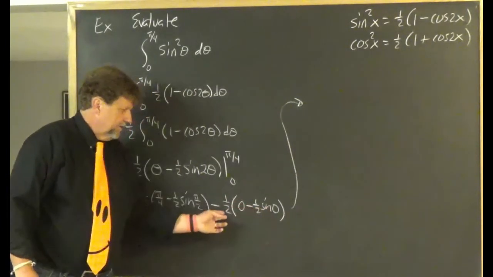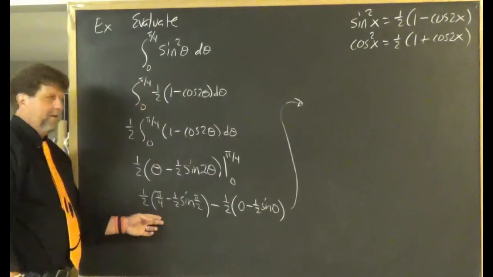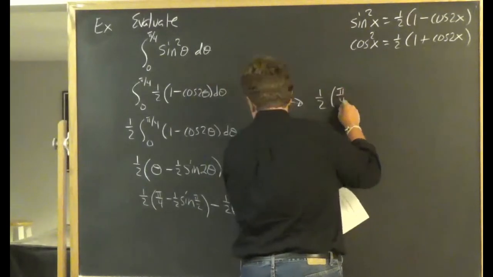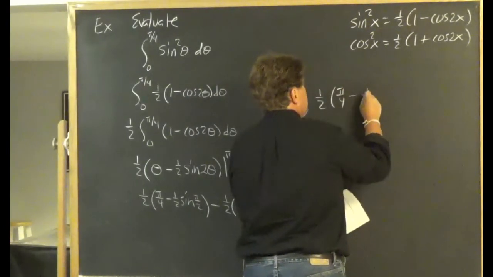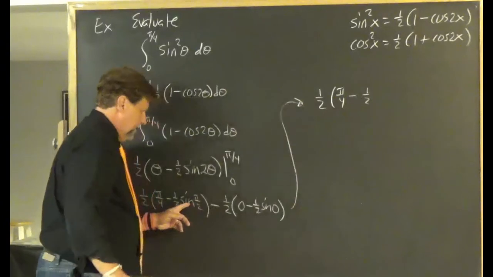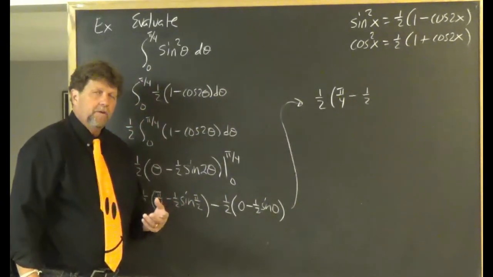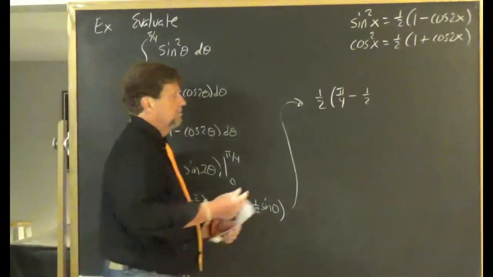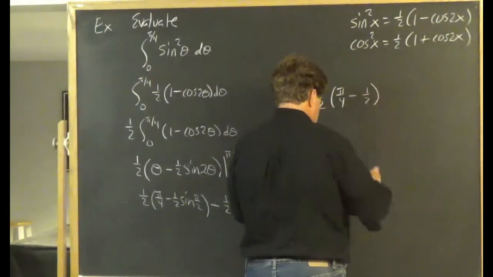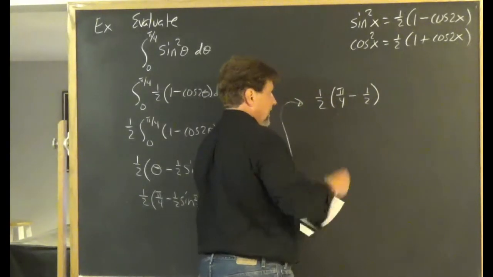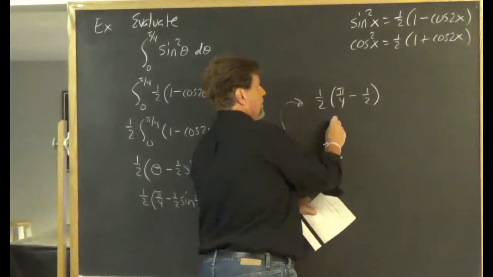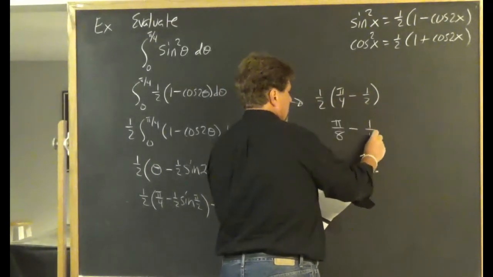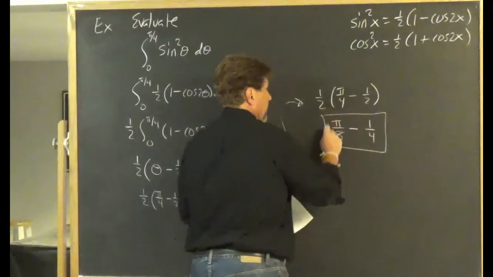So all of this is 0, this product is 0, so all I'm left with is just 1/2 times pi over 4 minus 1/2. Okay, now what's the sine of pi over 2? That's right, it's 1. So 1/2 times 1 is just 1/2. And if I distribute the 1/2 on through, I get pi over 8 minus 1/4. I'm not going to go any further.